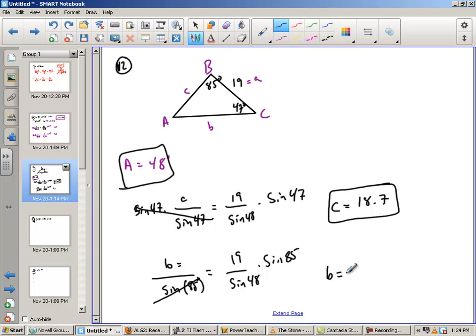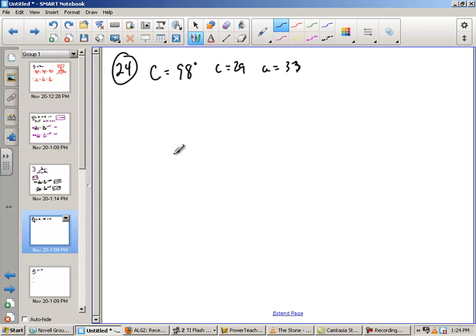And b equals 19 times the sine of 85 divided by the sine of 48. Comes out to be 25.5. And if you think about it, B is the biggest angle, so it should have the longest side. Makes sense. And so that's what we'll do to solve triangles.